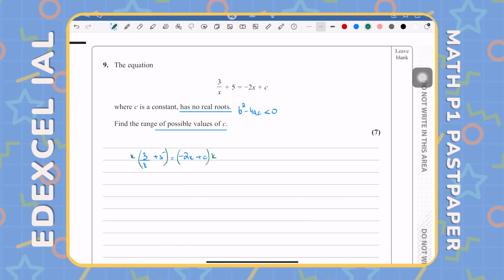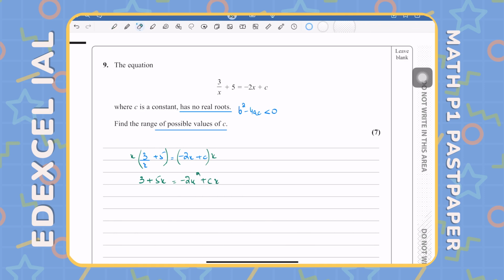It's like taking the LCM and then multiplying, except that we're skipping the LCM part. It's not that we're not taking the LCM, it's just that by multiplying both sides by x, you can automatically skip the LCM part. So this becomes 3 plus 5x is equal to minus 2x squared plus cx.